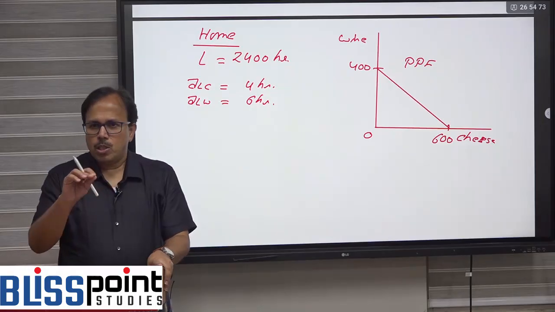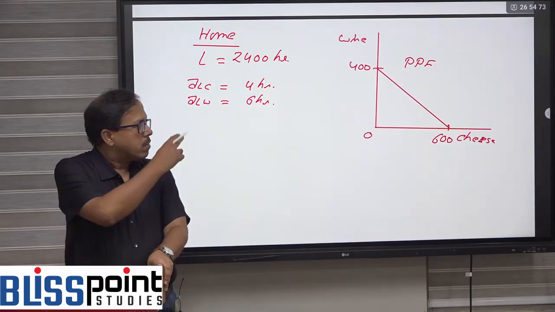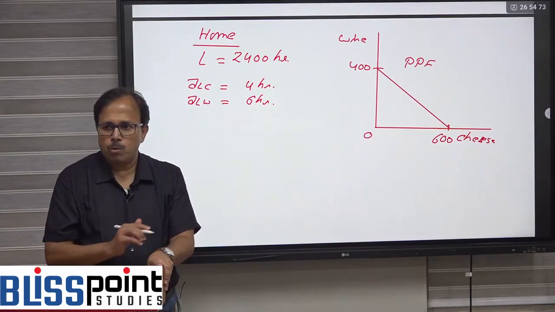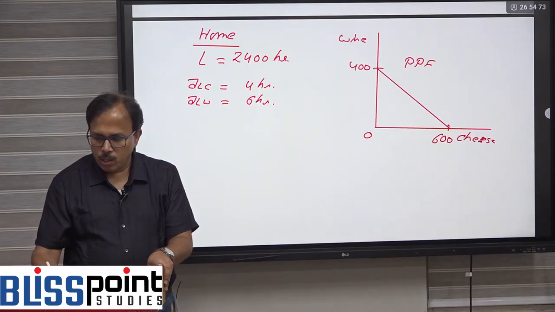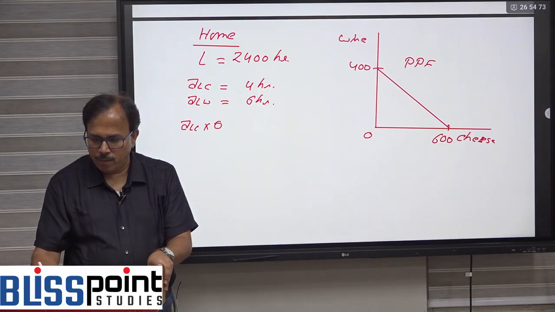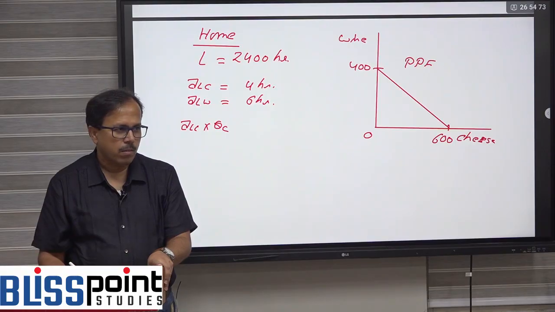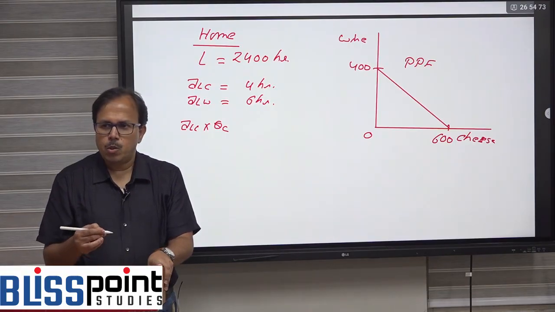And can you write the equation for that line? PPF is drawn, can we write the equation of that line? It can be written as ALC into quantity of cheese. So what is ALC? Unit labor requirement.